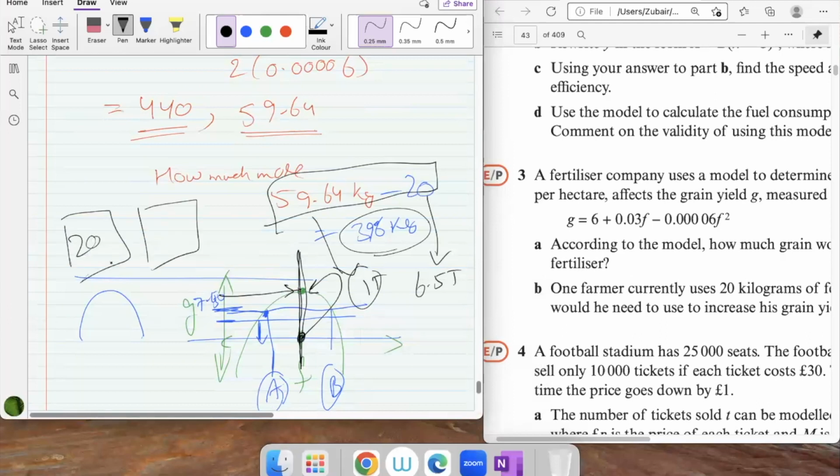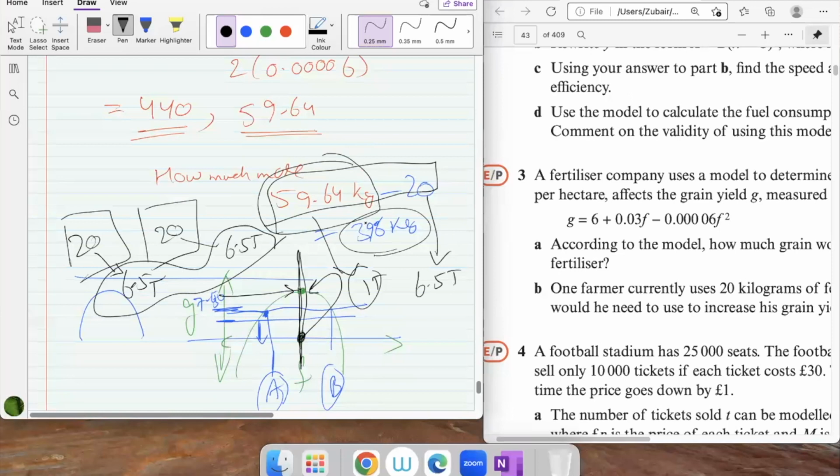If 20 kgs is giving him 6.5 tons, he should add 20 more to another land and get 6.5 tons. So in total, he would have 13 tons. But just to increase by 1 ton, he is adding 36 more kgs of fertilizer in the same land.